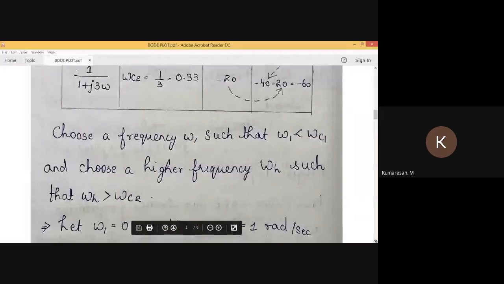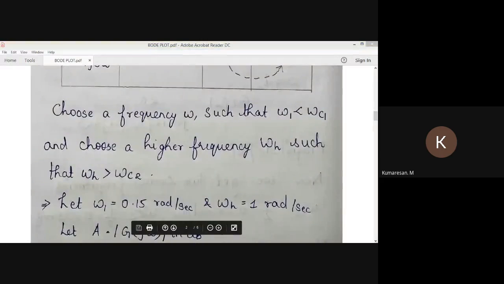We have to choose the lowest and the highest frequency from the given corner frequencies.